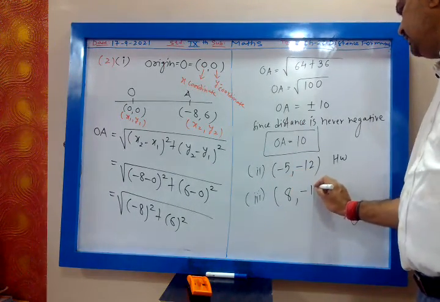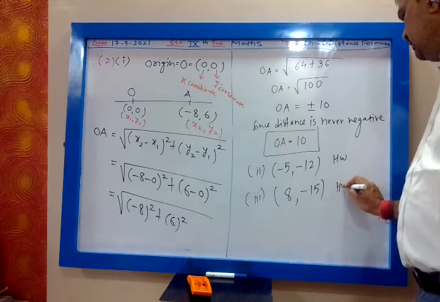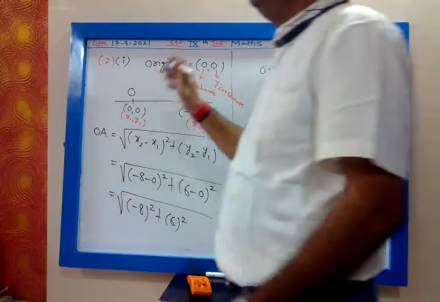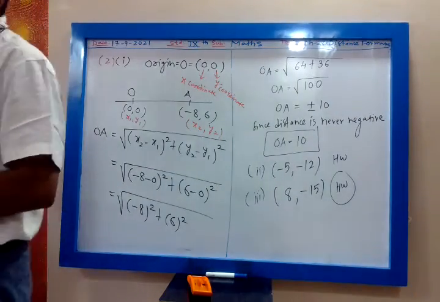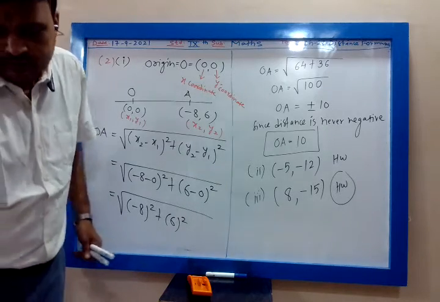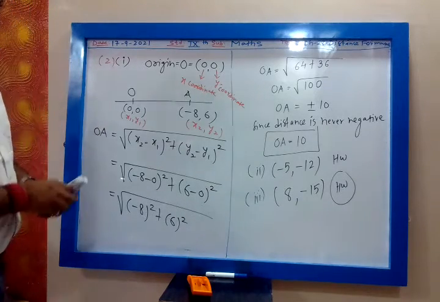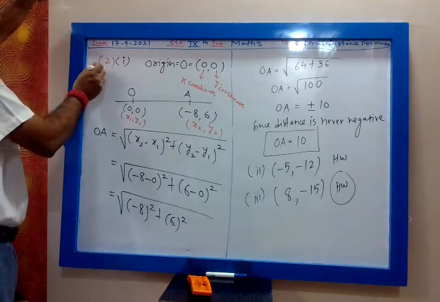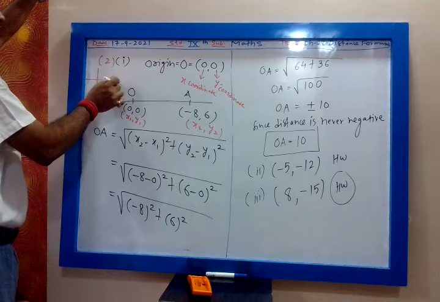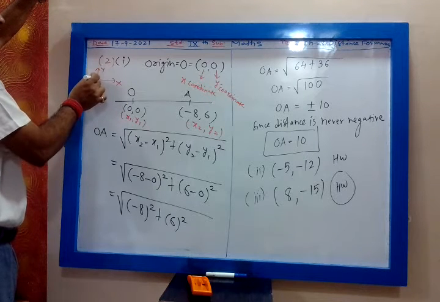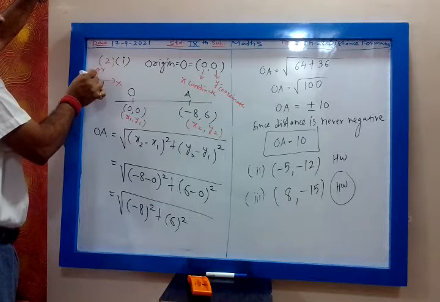Origin has both coordinates 0, x coordinate 0, y coordinate 0. Remember, origin is the point where x axis and y axis meet. At origin, x coordinate and y coordinate both are 0.